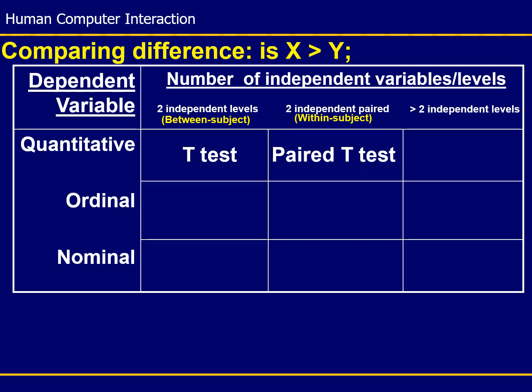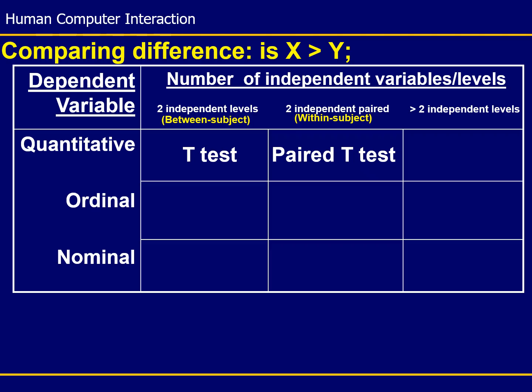So you have one independent variable with two levels, okay? And your dependent variable is quantitative. What you're measuring is quantitative. It goes on a scale, like for example, error rate or reaction time, or EEG signal.